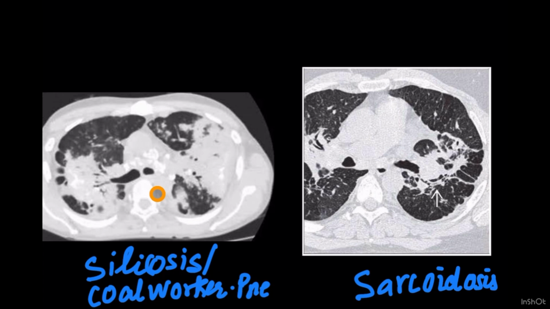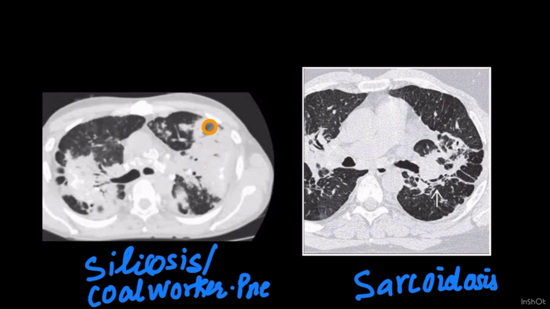Actually, when silica dust particles or coal worker particles are present in the lung, they start inflammation. They directly destroy the lung tissue and an inflammatory process starts, and with the passage of time there will be fibrosis.